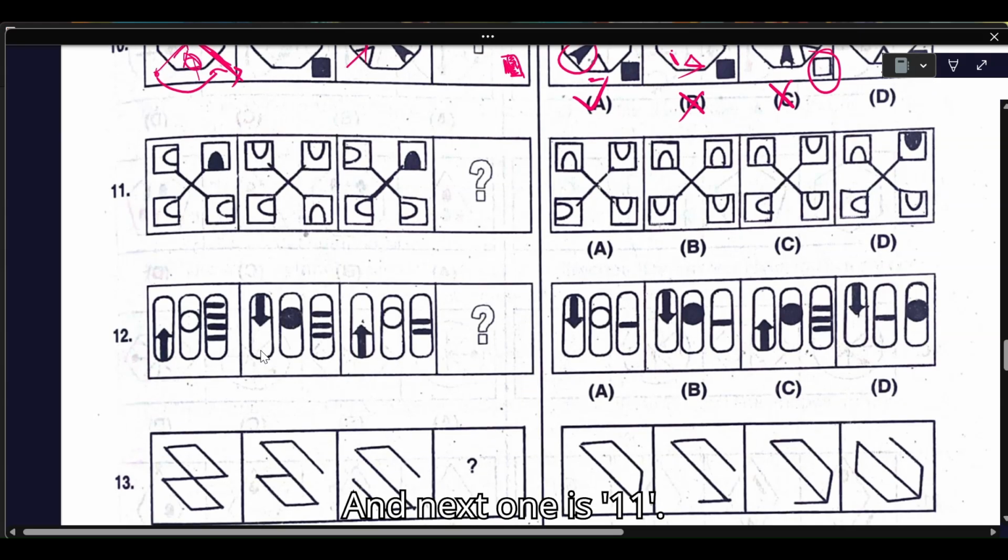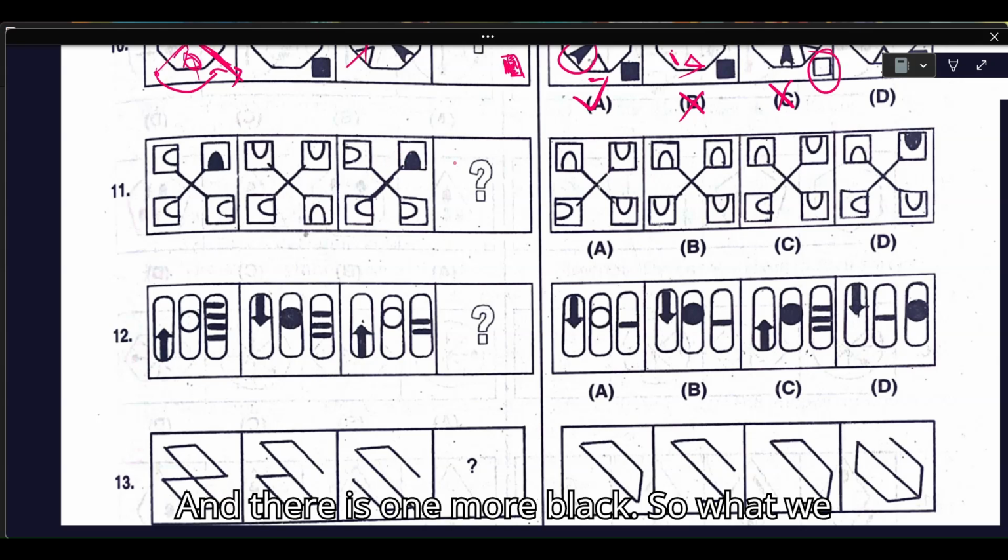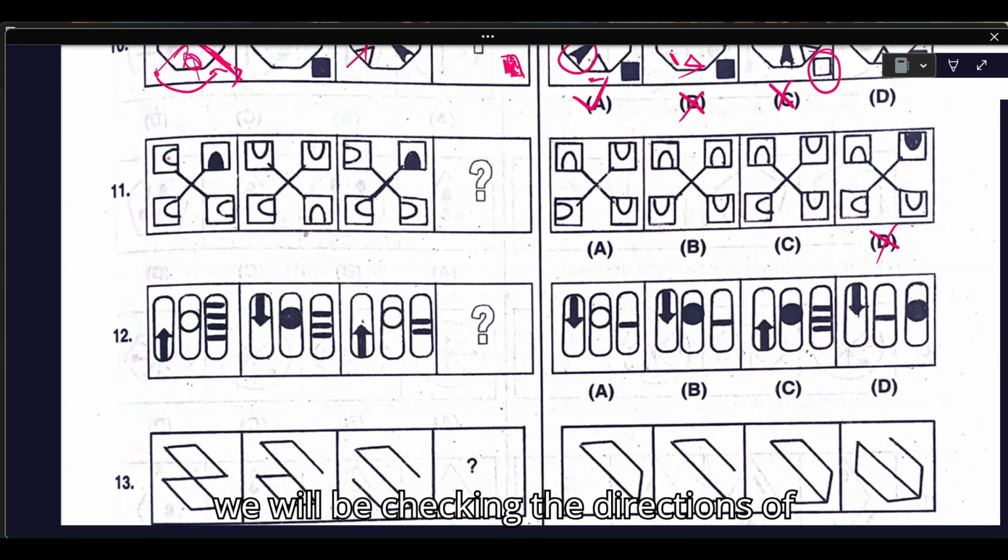And the next one is 11. So look at the directions, look at the figures, and how these things are changing. Look at this black one. It is black here, and it is all white here, and there is one more black. So what will be the next? All white. But in D we could see one black, so we will be eliminating D first, and then we will be checking the directions of these inner figures.